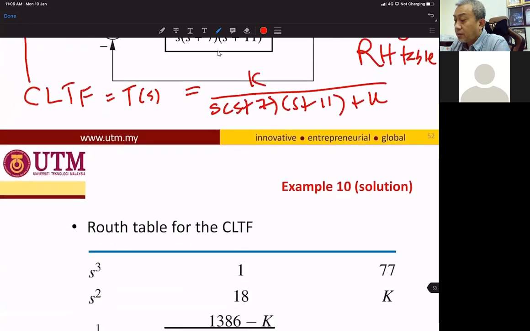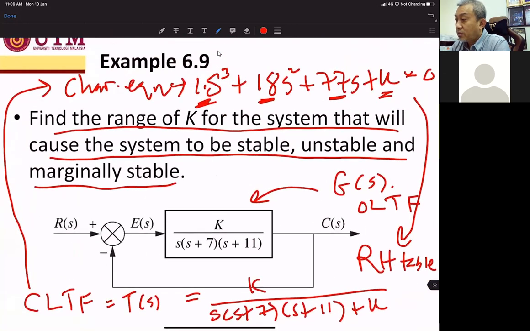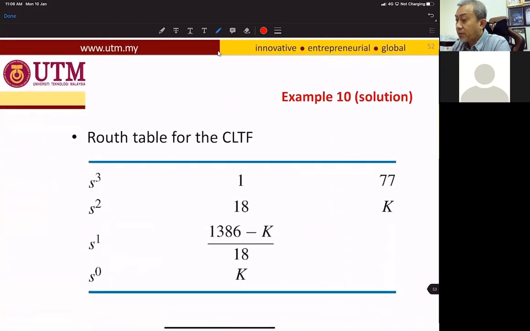Which is here: 1, 18, 77, and K. So how do I get this one?